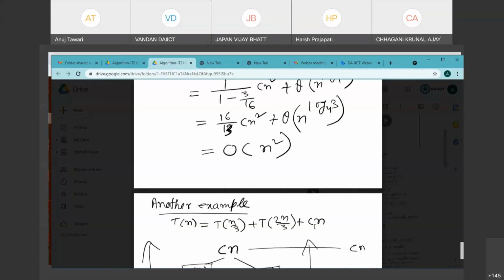Here you can't apply the master method because there are two different recurrences running in parallel.